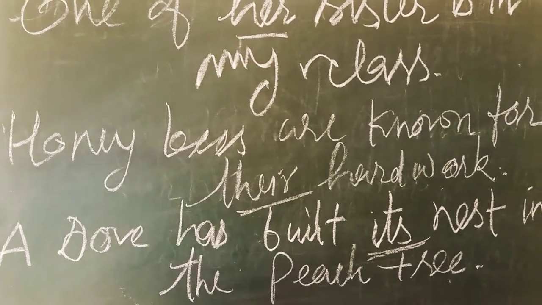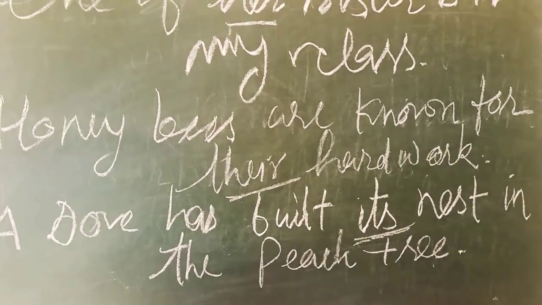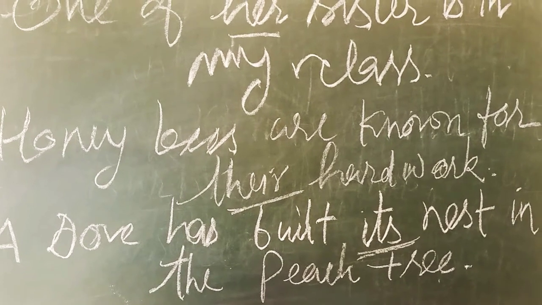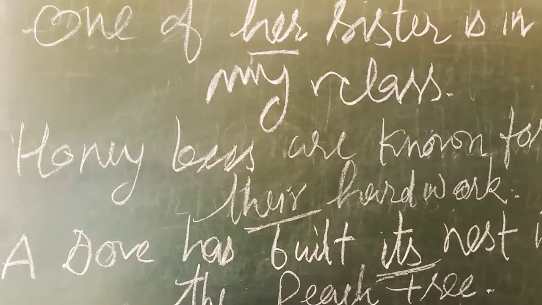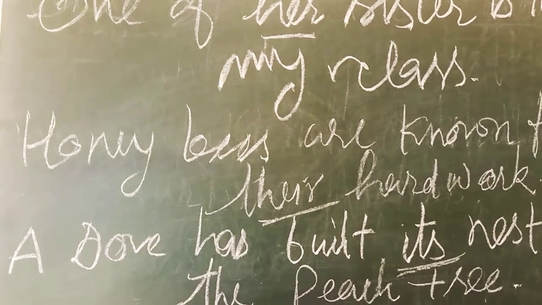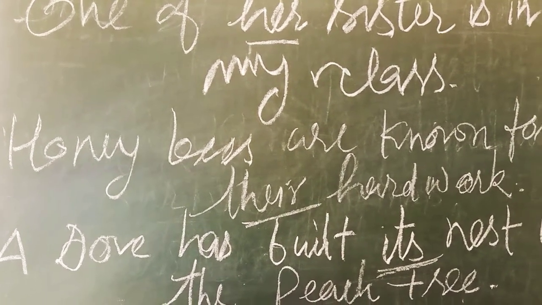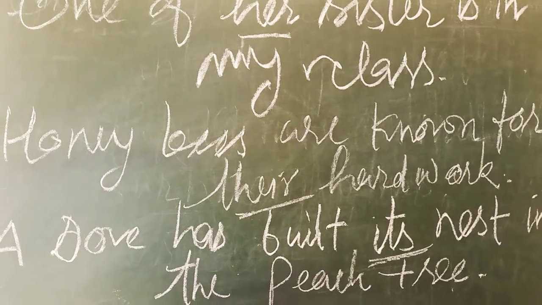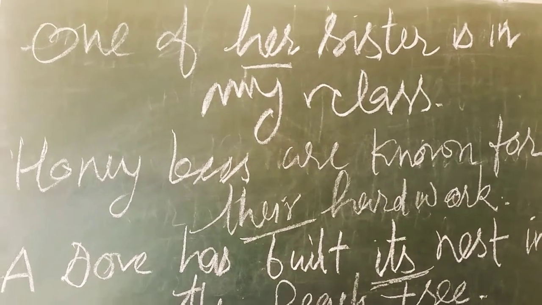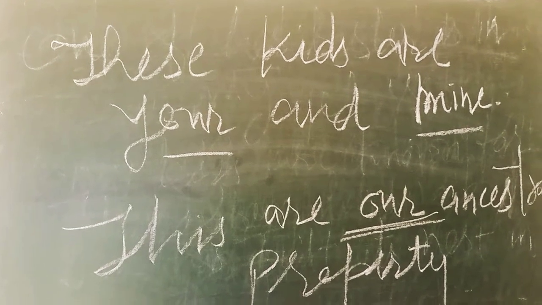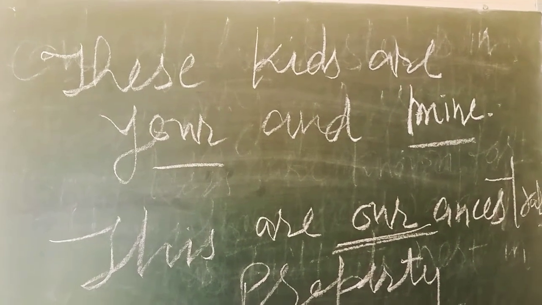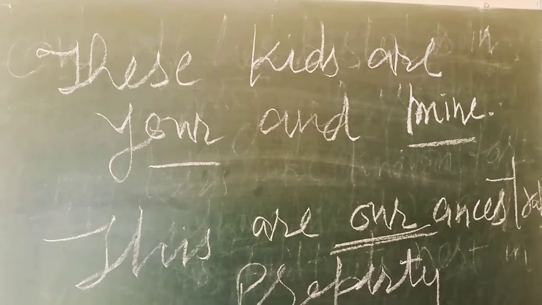A dove has built its nest in the peach tree, in the cedar tree, in the plum tree. You can take any of which one you like, right? A dove has built its nest. अपना nest जो है उसने peach के tree में बनाया, right? Here are some more examples. These kids are yours and mine.